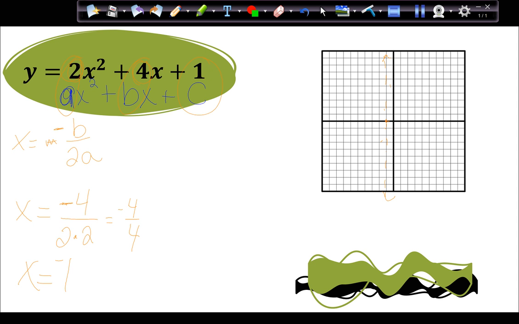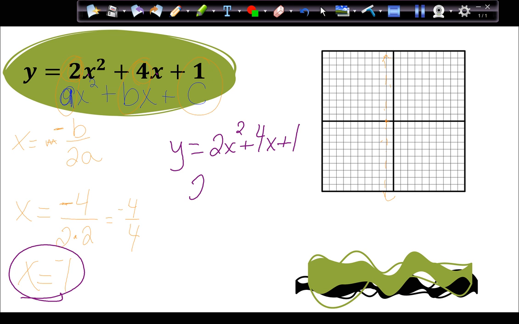So now to find the actual vertex, I have an x value, and I have x's in my equation. So I'm going to go back up to my equation and substitute in the negative 1. Now, if you're using a graphing calculator or Desmos, and you're not doing this just mentally, you have to put this negative 1 in parentheses when it's squared.